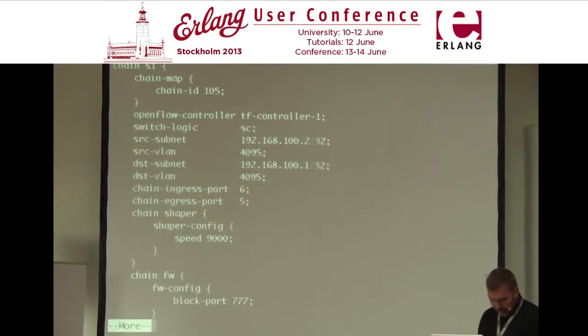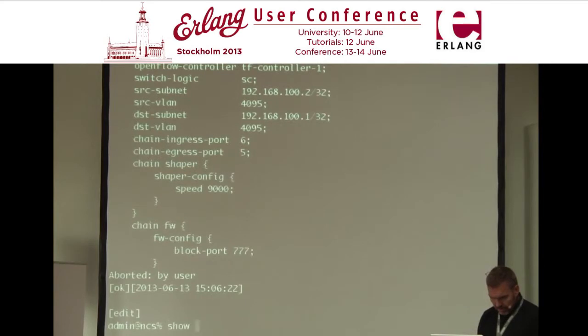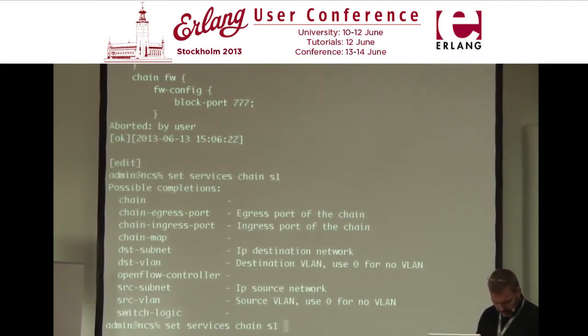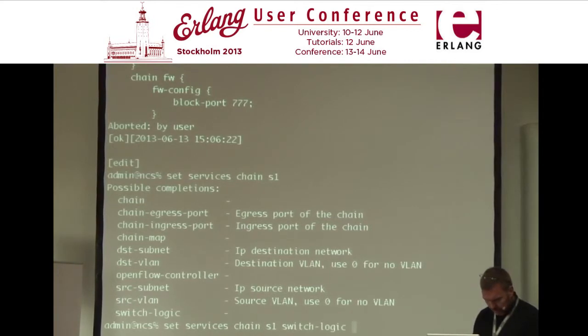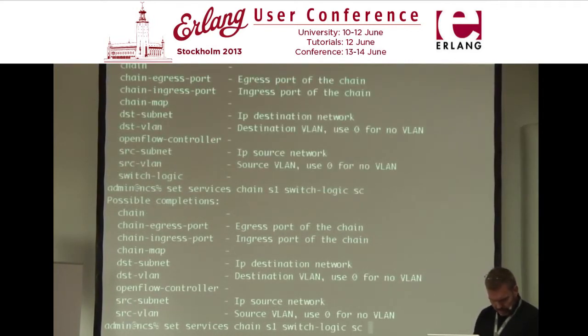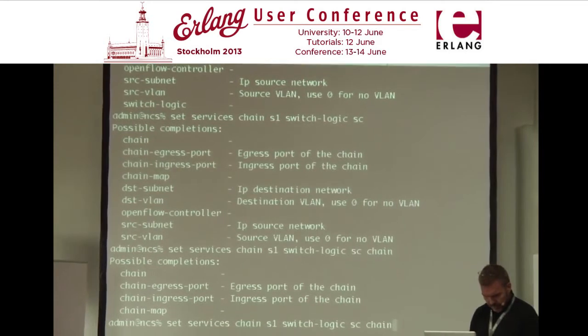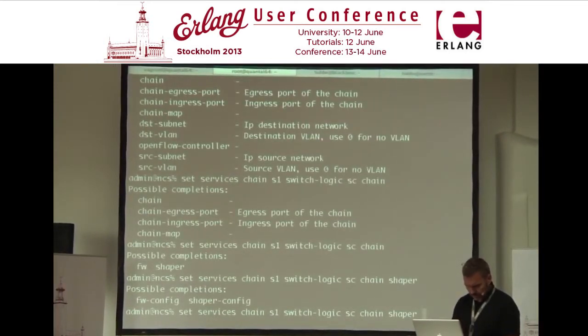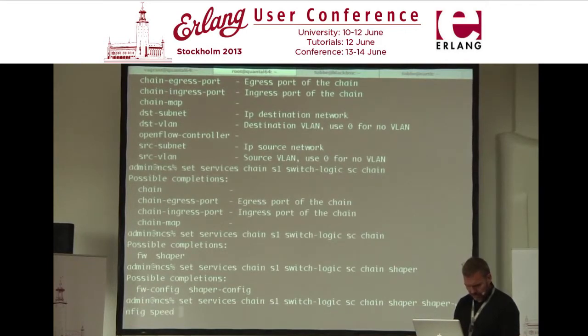So let's try and see if we can change the speed. Let's see here, do I have it in history? So set services chain, and then we'll go down into switch logic, and then chain, shaper configuration, speed.